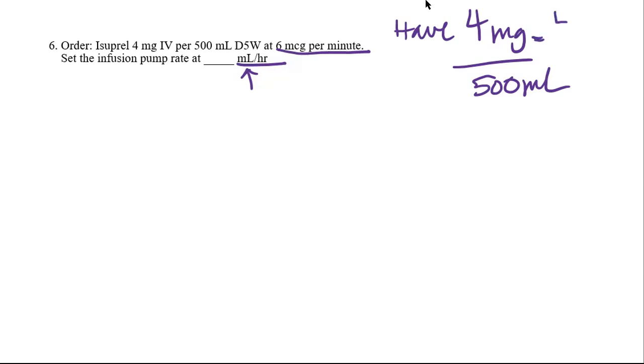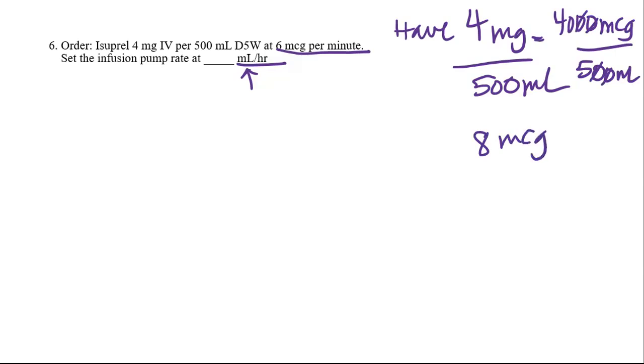So that's going to be 4,000 micrograms in 500 milliliters. Simplified, you can cross out 2 zeros, and what you get is 40 over 5, which is 8 micrograms per ml. So that's what you have.